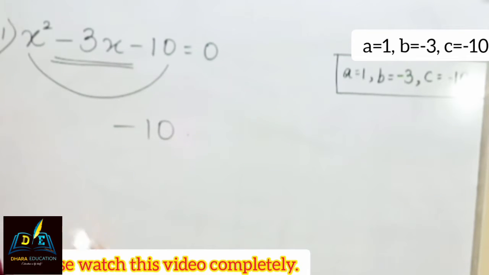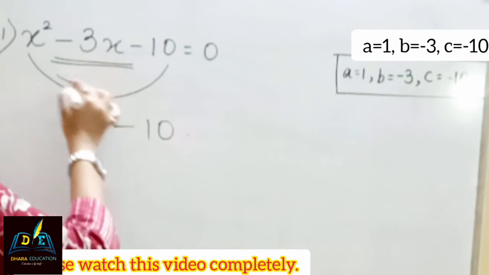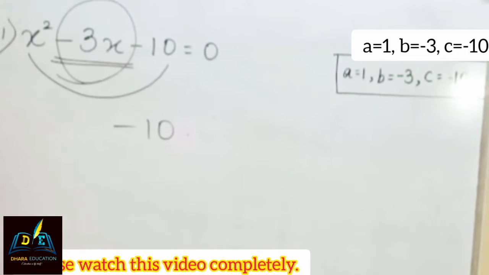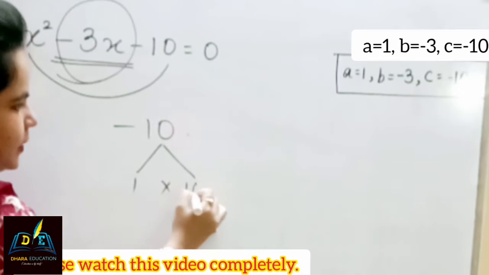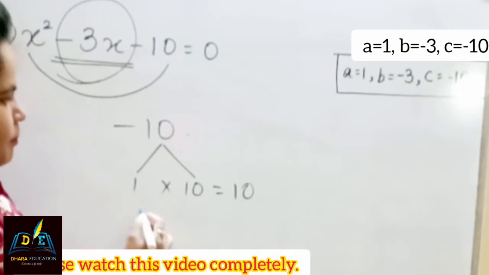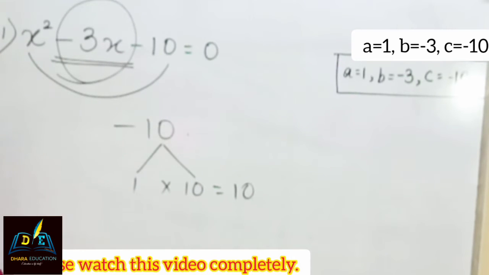But in such a way that the middle term, that is minus 3x, should be fulfilled. There are two possibilities, that is 1 multiplied by 10 gives you 10. But with the addition or with the subtraction, we will never get minus 3. So this assumption is wrong.